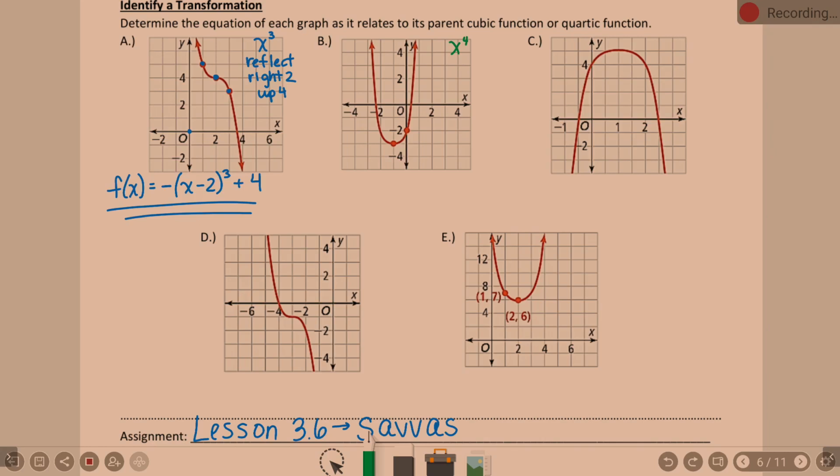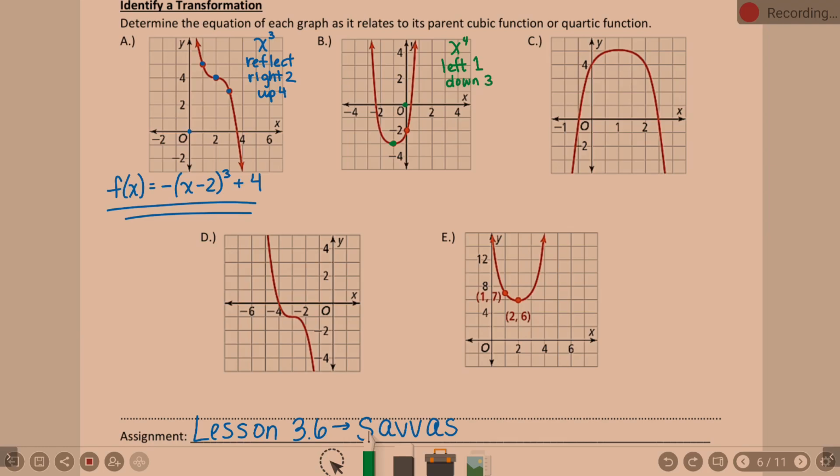What else do we know? Okay, the vertex is at negative 1, 3. That vertex should have started at 0, 0, which means it moved left 1 and down 3.